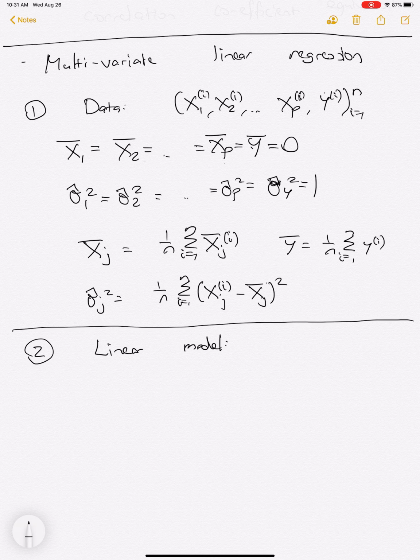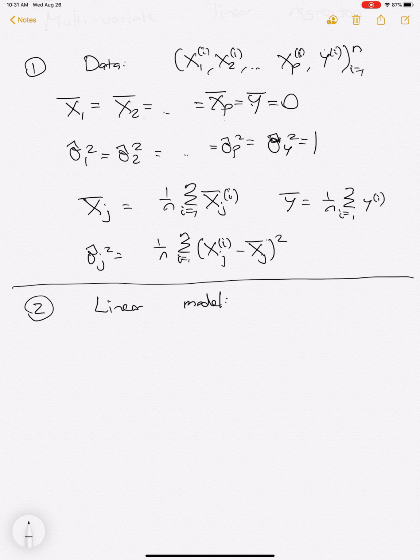So the next thing we'll talk about is the statistical model. So this is the linear model. Once again, I'm referring back to those components of the framework. We're talking here about the second component, which is the statistical model. And we're going to mimic what we did in the simple linear regression case.